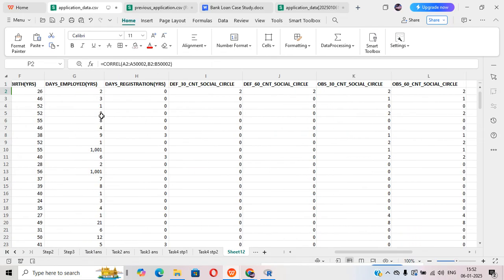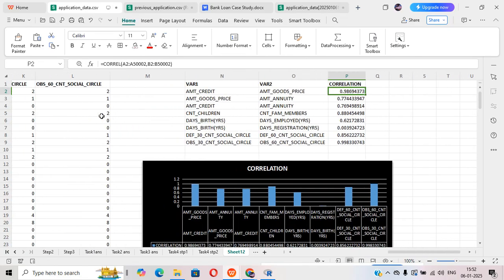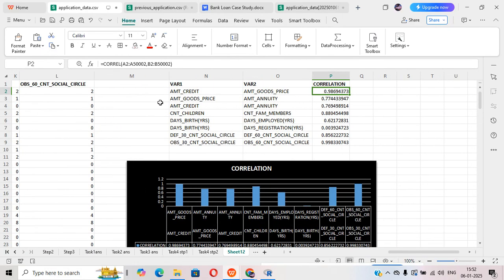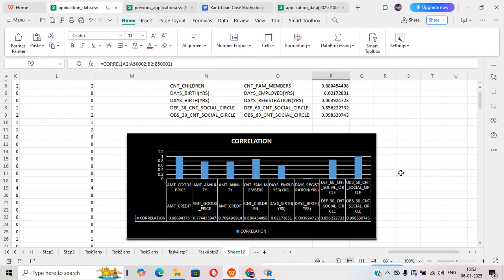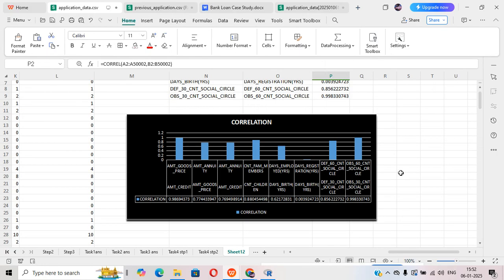Range for the respective one. In this way, I have calculated for all these variables, and calculated and got a chart for this.